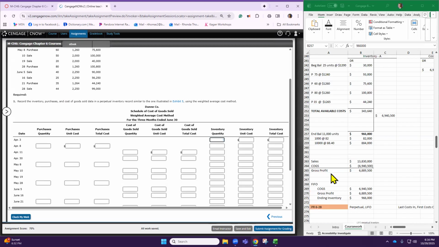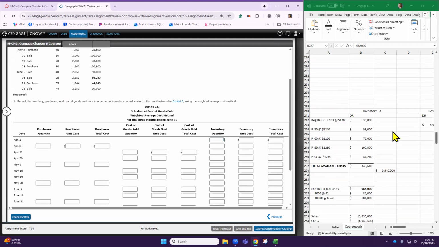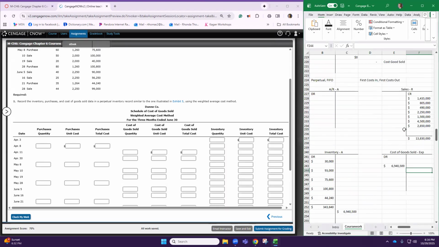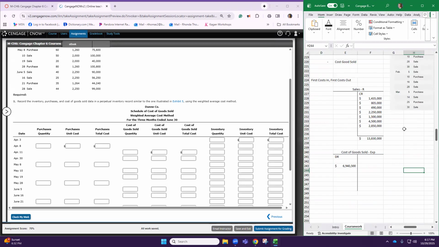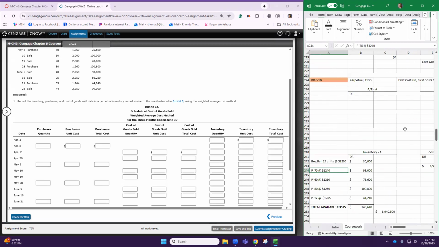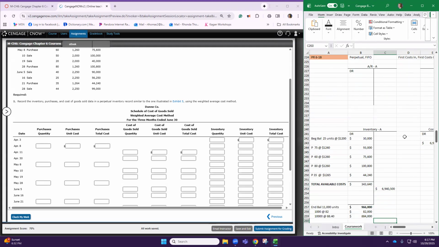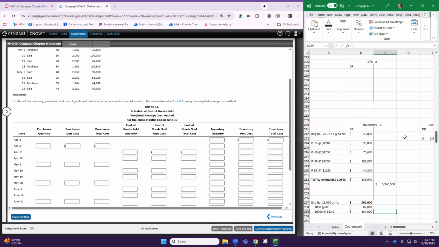Okay, so we're going to want to keep, see, where am I at? Now, weighted average. Well, so we're going to have to do some math on here with some average costs here.